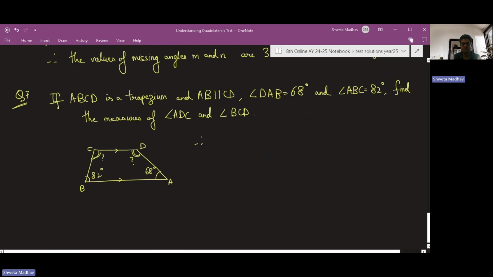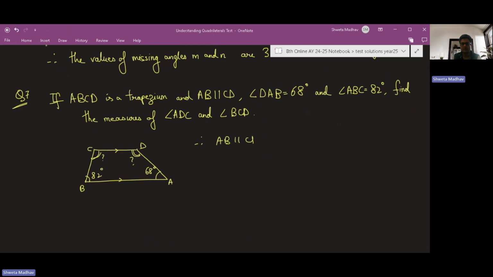Therefore, as you can see, here AB is parallel to CD. So I can say that angle A plus angle D should be equal to 180 degrees since they are co-interior angles, and similarly angle B plus angle C would also be equal to 180 degrees since they are co-interior angles.